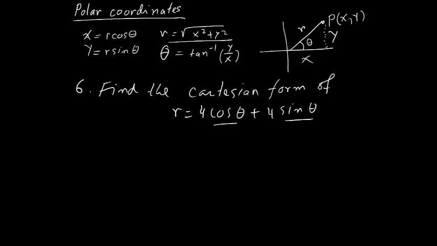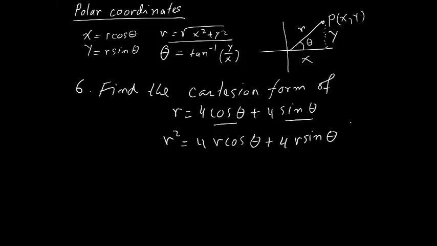So then the best idea is to multiply the whole equation by r, then get r squared equals 4r cosine theta plus 4r sine theta. You know that our goal is to convert polar coordinates to Cartesian coordinates.